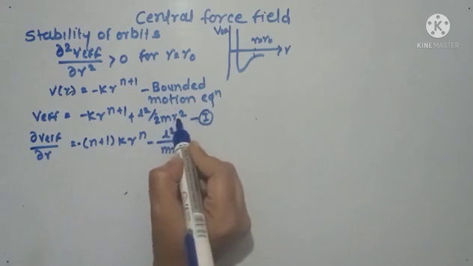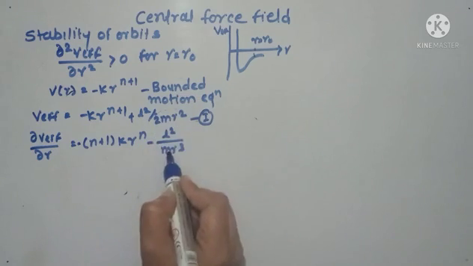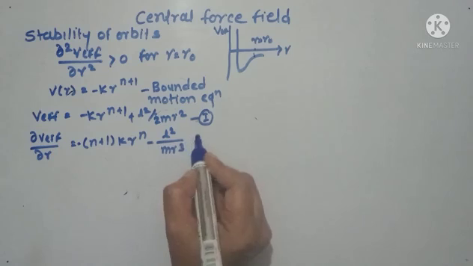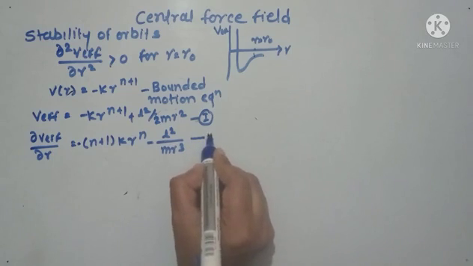When r goes upward the sign becomes minus and the 2 gets cancelled. This is just the mathematical form; you can check it for yourself. Let me call this equation number 2.